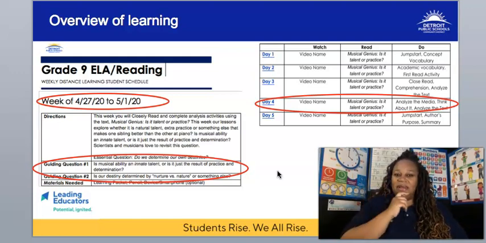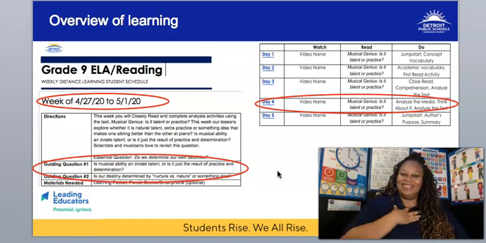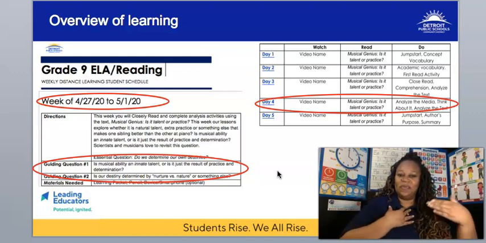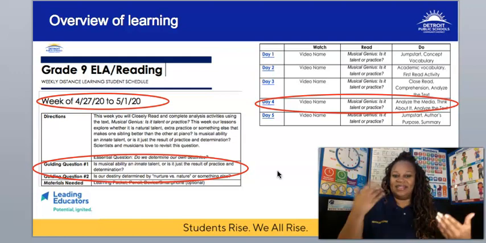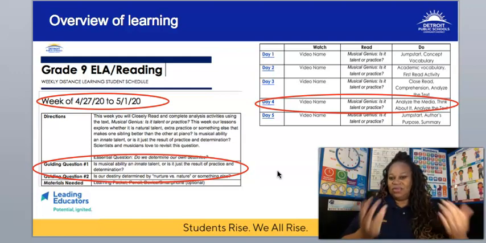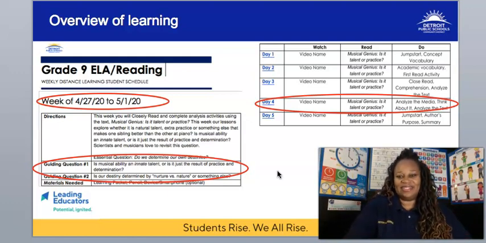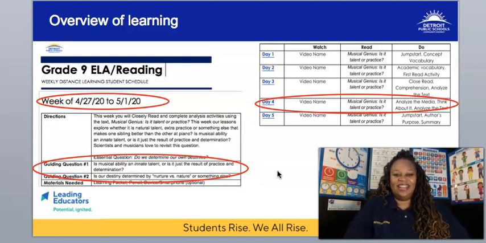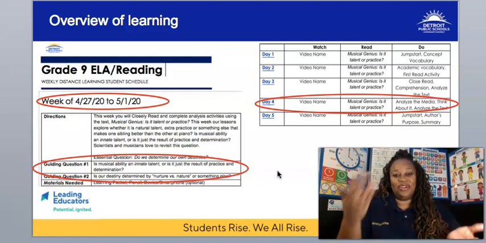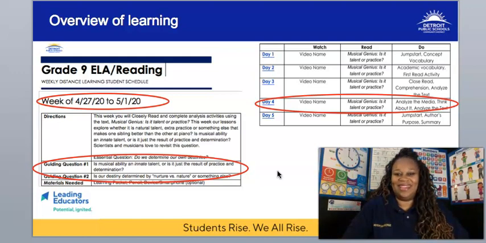Is musical ability an innate talent, or is it just the result of practice and determination? And then our second guiding question, is our destiny determined by nature or nurture or something else?